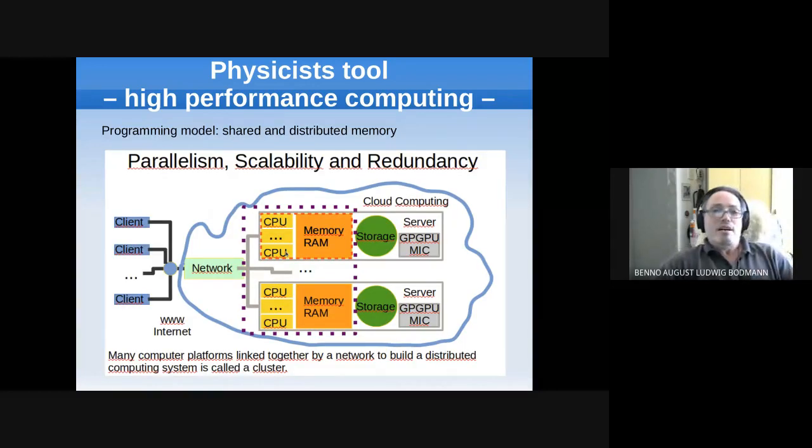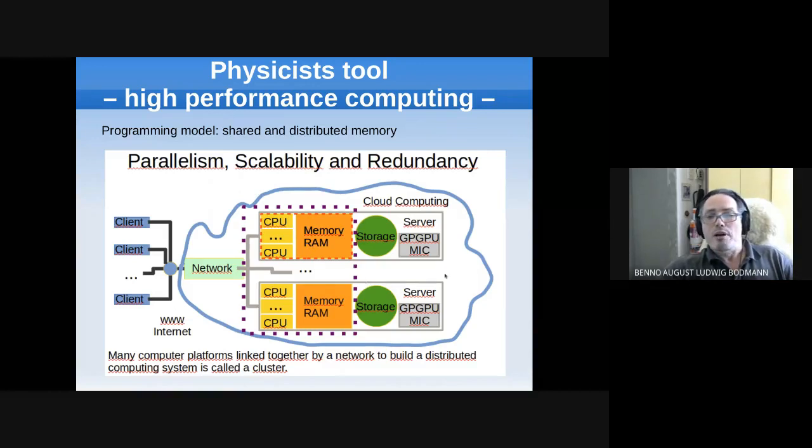So how can we do the programming? We have a programming model for shared and distributed memory. What you see over here is, in principle, 2 servers. Every server has its computing cores, and they are connected with the memory. This situation is called the shared memory model.